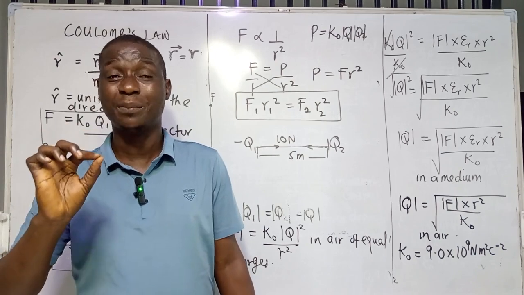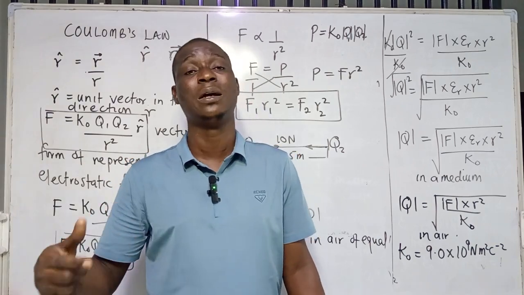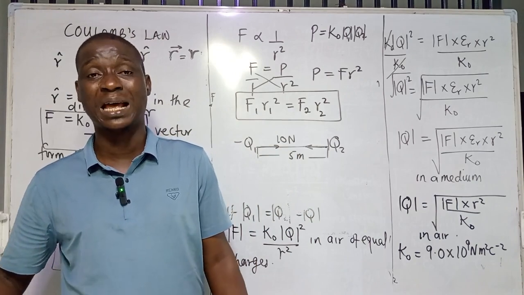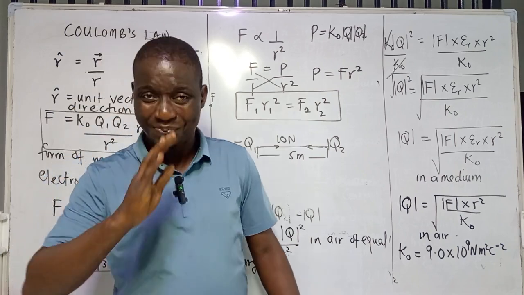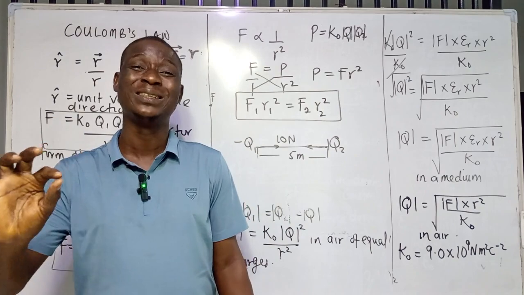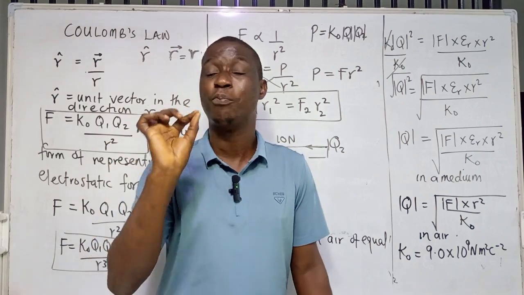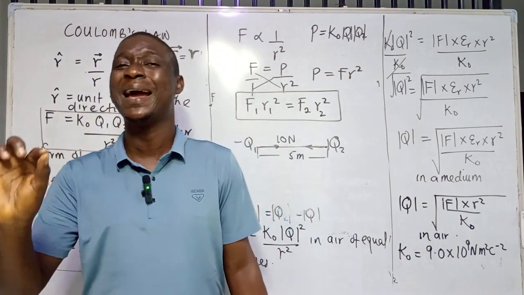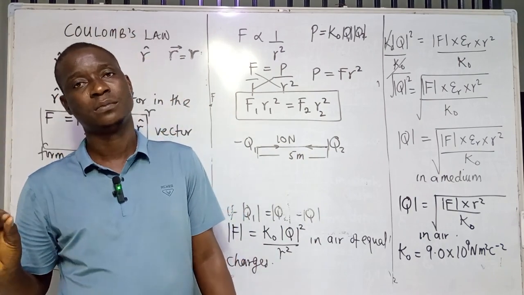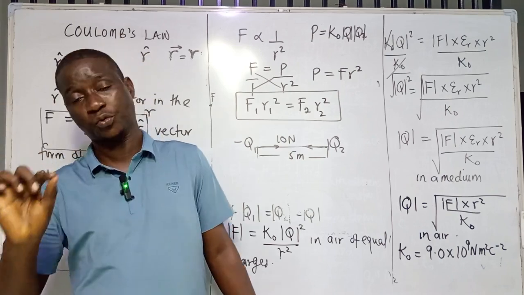Although it can be applied to a material like a homogeneous or isotropic dielectric system or medium, fundamentally, Coulomb's law itself is applicable to point charges separated by a distance r in free space.